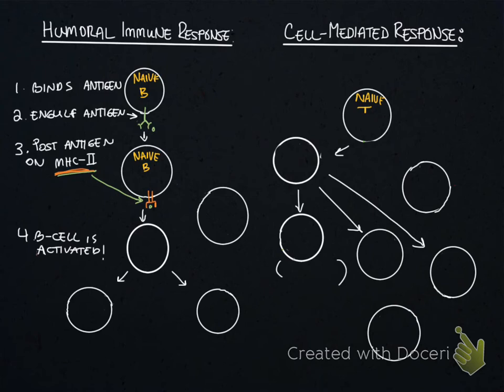Now on the other side, we have this naive T cell. The receptor for that, remember, is a T cell receptor. And it will be specific for a specific antigen. So we need an antigen-presenting cell. This will be our antigen-presenting cell. It could be a dendritic cell or a macrophage. We'll do a dendritic cell.